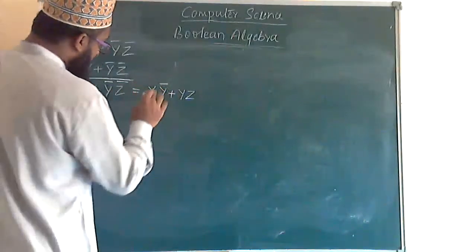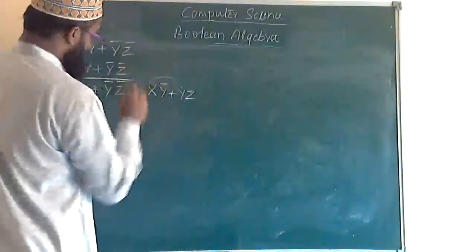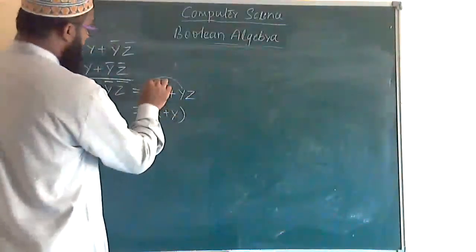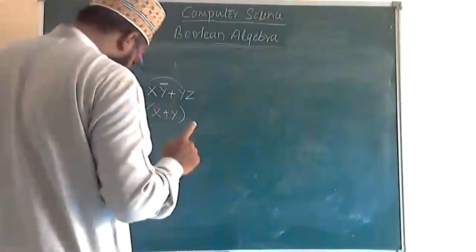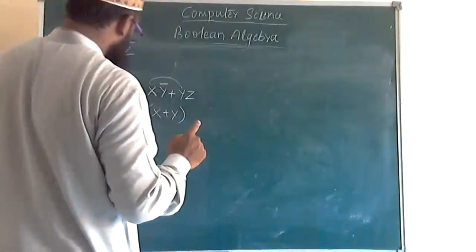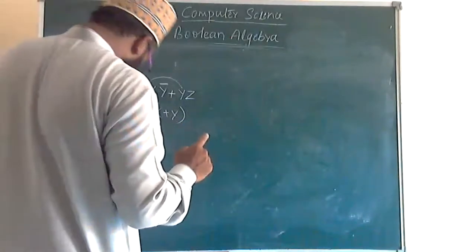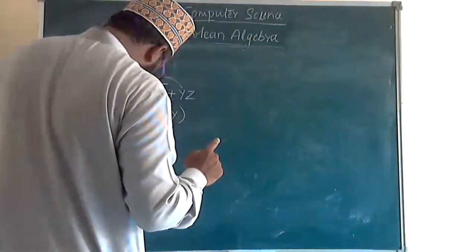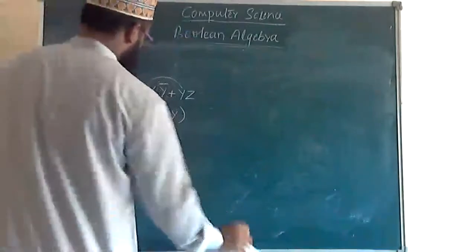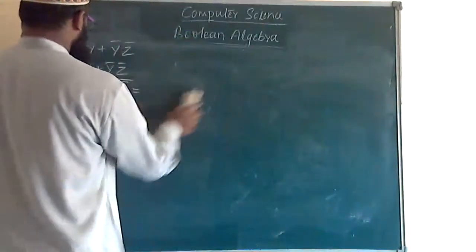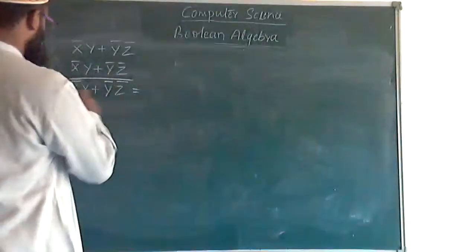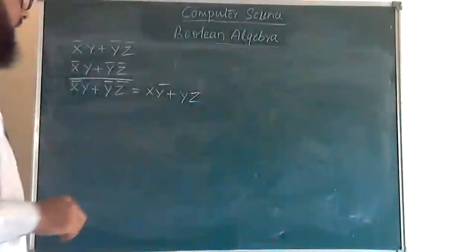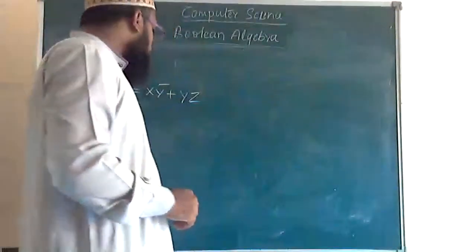How can we multiply this one by this one? x plus y, x y bar plus y z. So we will apply the distributive law for this. What does the distributive law state?